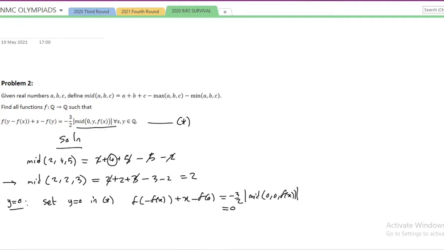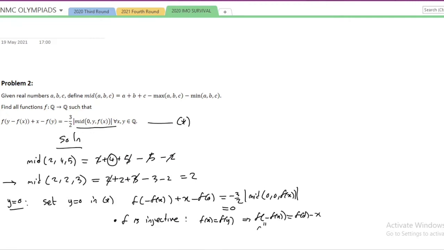Now looking at this equation, there are lots of things we could actually do with this. First of all, this implies that f is injective. Suppose we have f of x equal to f of y. Then from this expression, making f of x the subject in the above equation, that will be f of 0 minus x.